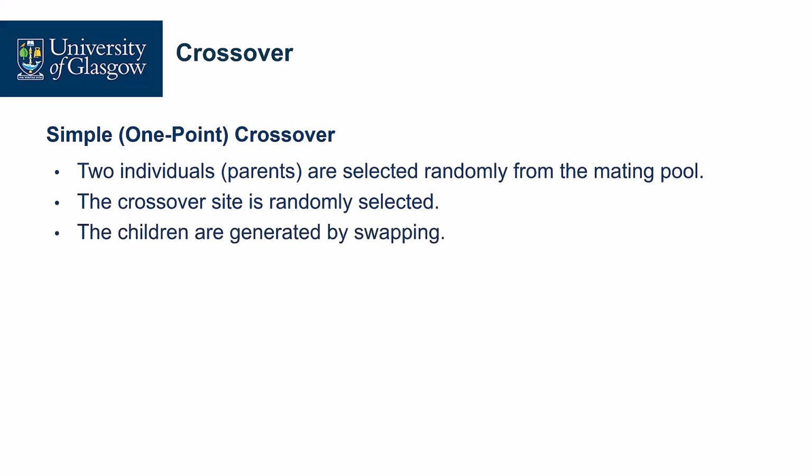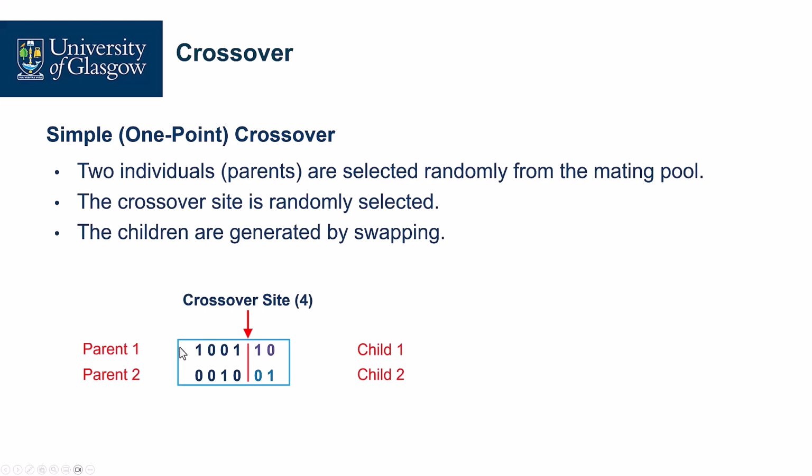And the third step, we swap to generate 2 child solutions. Let's see an example. For example, the randomly selected crossover site is 4. Then for the 2 parents, we cut here, and for the 2 child solutions, we keep this part and swap this part. We can see that.